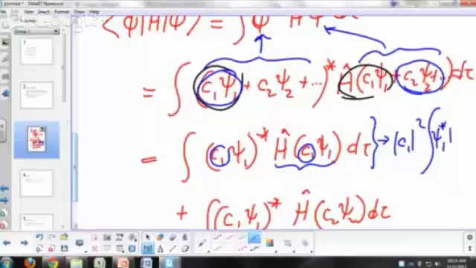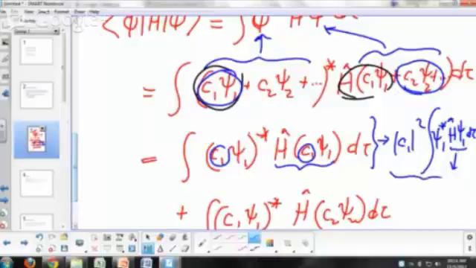Psi 1 star H hat psi 1 d tau. But what is H hat psi 1? Psi is an eigenfunction of the Hamiltonian, so that's going to be E1 times psi 1. So I can factor out my E1.